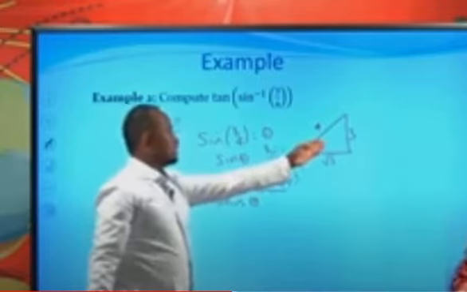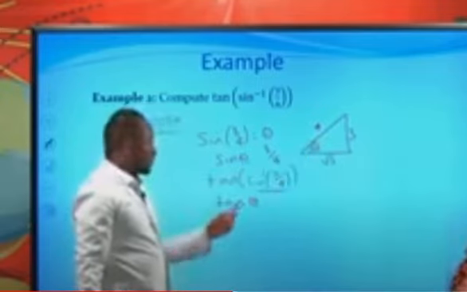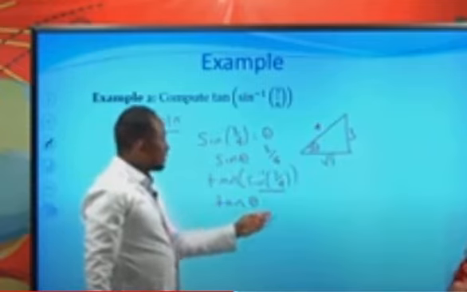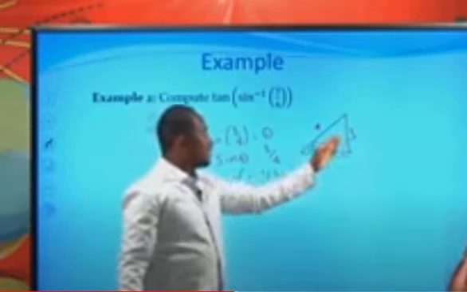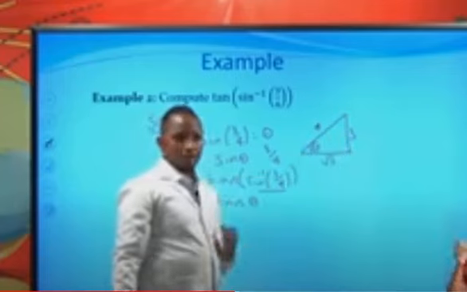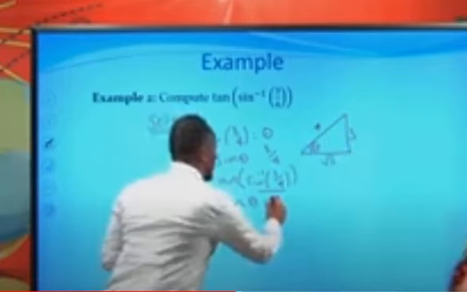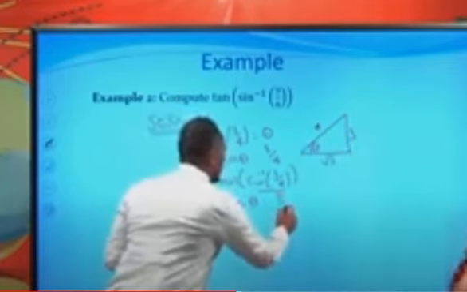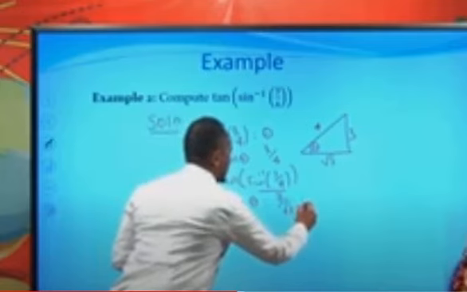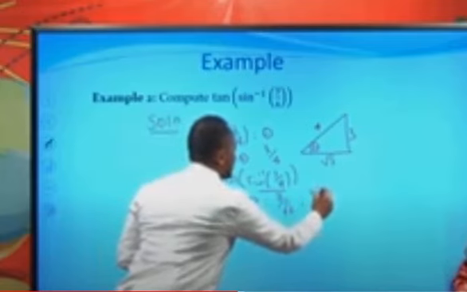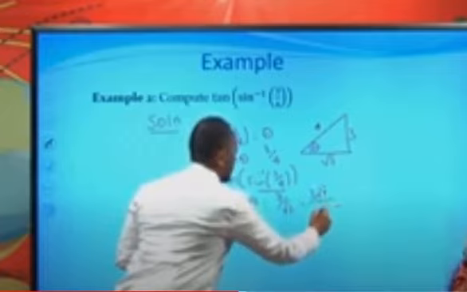We can use this reference triangle to evaluate tan theta. Tan theta is opposite over adjacent, so simply it is 3 over root 7. The answer will be 3 over the square root of 7, or rationalizing, 3 root 7 over 7.